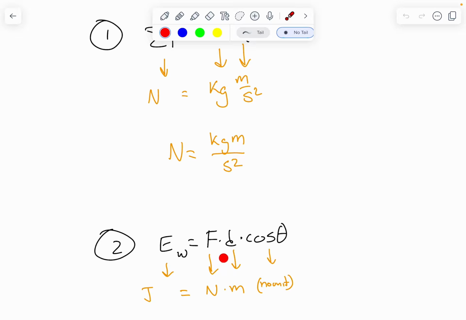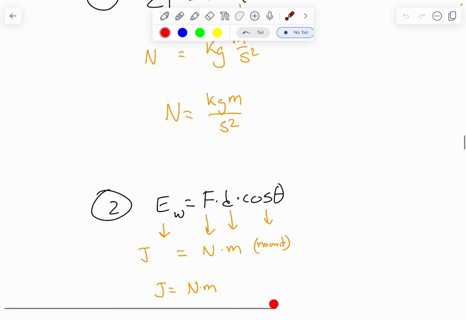Work is equal to FD cosine theta, where the force is in newtons, the distance is in meters, and cosine theta has no unit. So basically, a joule can be thought of as a newton meter. We read this when they're next to one another like this. A newton times a meter is just written or read as newton meter. So joules are newton meters.